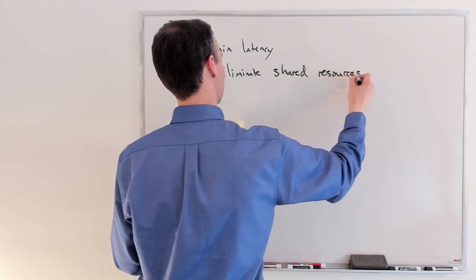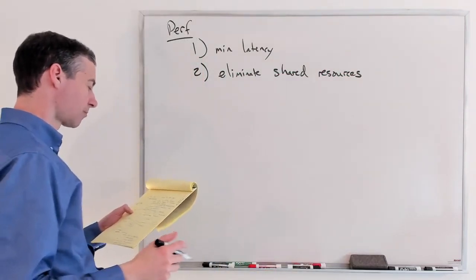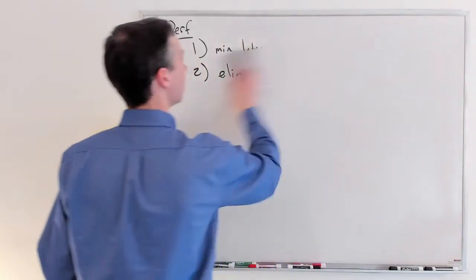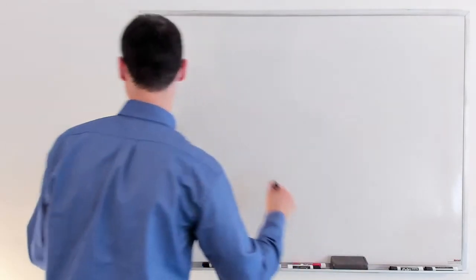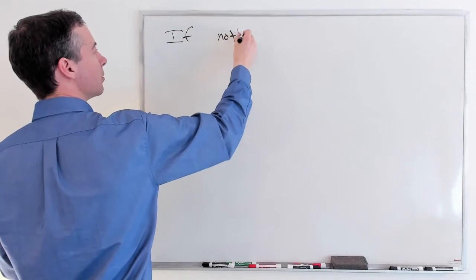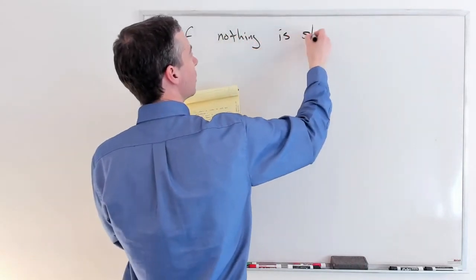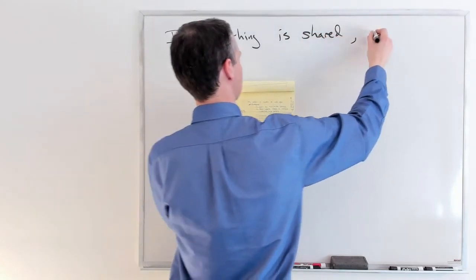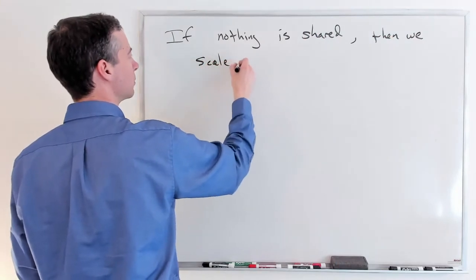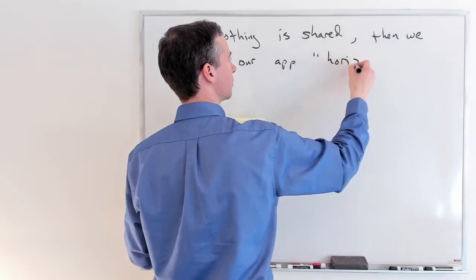All right, so how can we go about doing this? What's the value of this? It goes as follows. If we have nothing being shared, then we can scale our app horizontally.